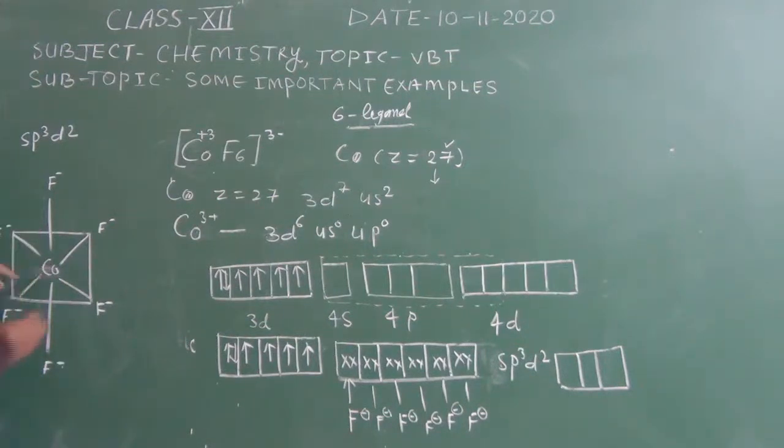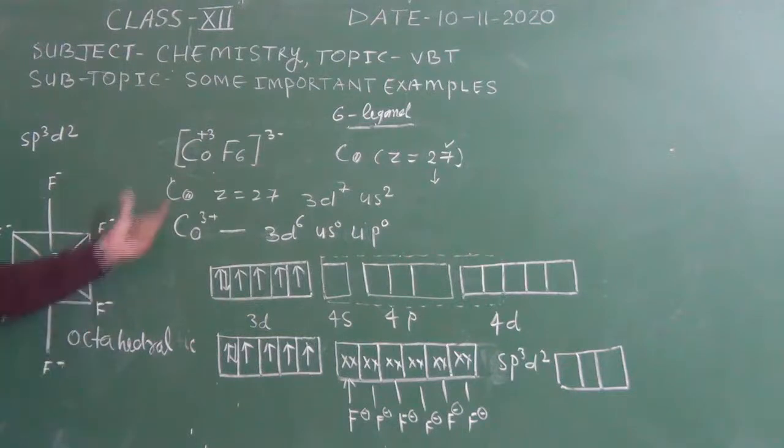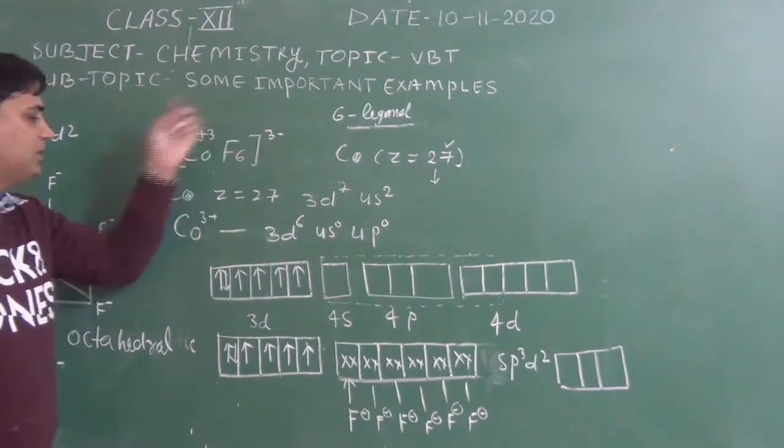How many charges are present? This is a 3+ charge. So in this way we can write the geometry, that is known as octahedral geometry or octahedral shape. So this type of geometry is obtained in the case of CoF6 3-.